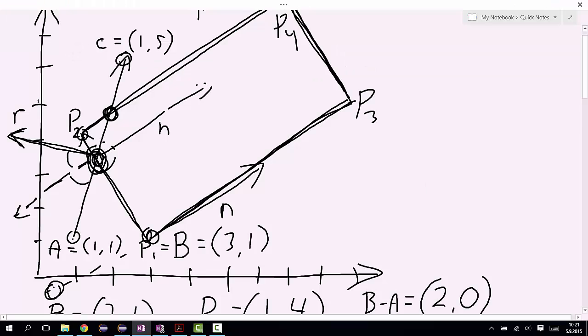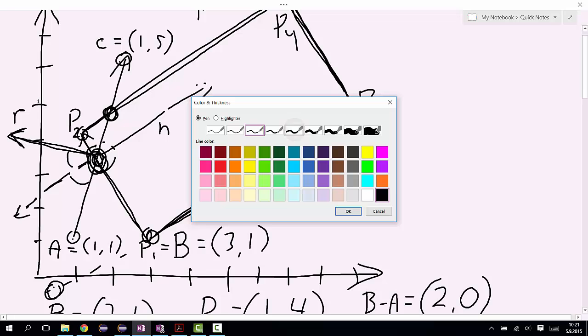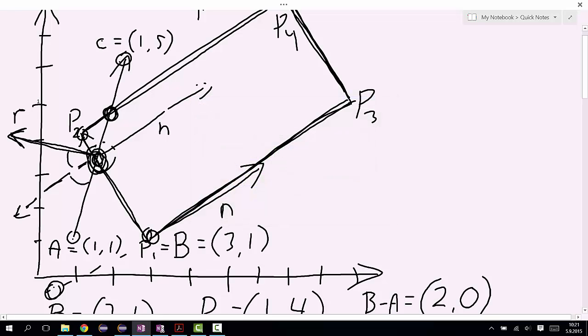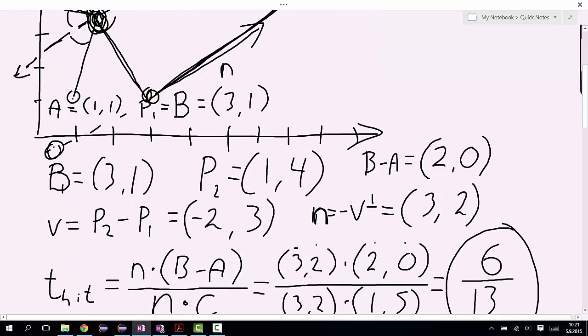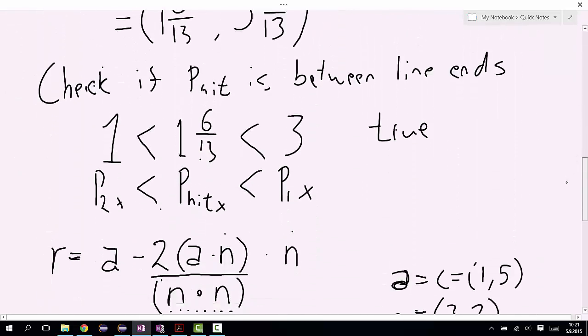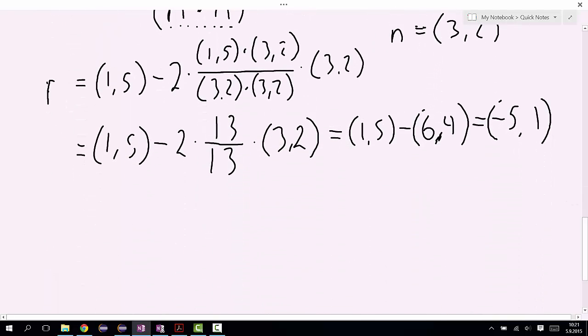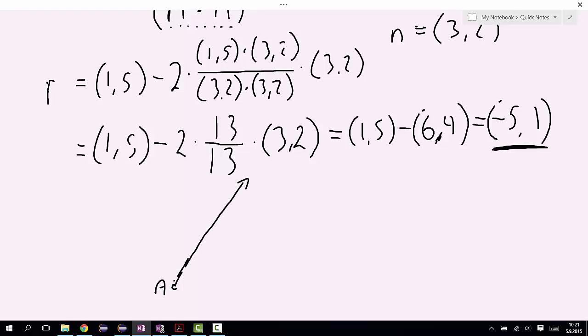Let's see, back to the old drawing board. Okay, so that's the vector we're going to use. So we're going to say minus 5, 1 is the new direction. So the particle that we have, the point A, needs to take its whole direction, which is here, the vector c. But it needs to travel this vector here, which is c times t hit.